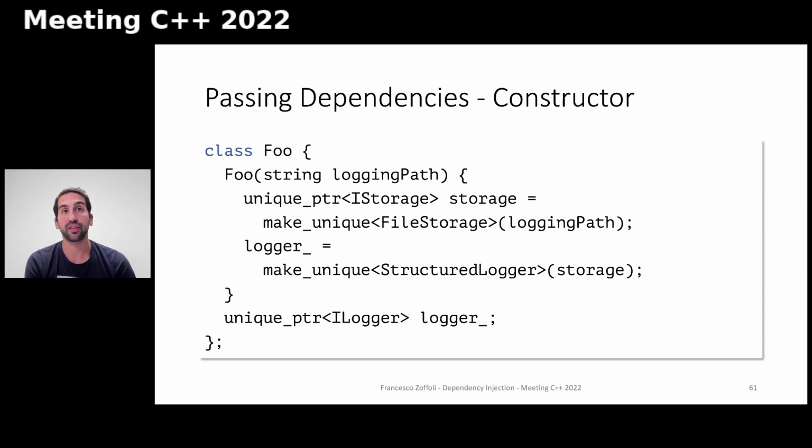But to do this, foo needs to know that file storage requires a path, then that the structured logger requires a file storage, and that the structured logger is an implementation of the ILogger. The other thing is that we are forcing the structured logger to take the storage as a unique pointer.